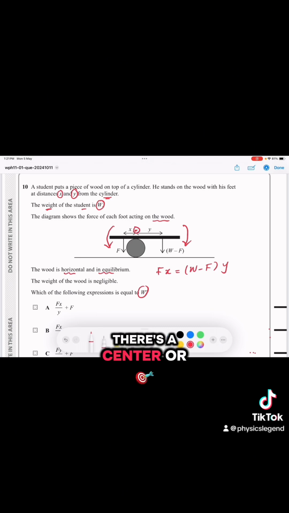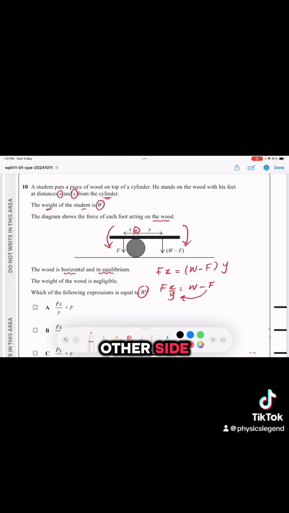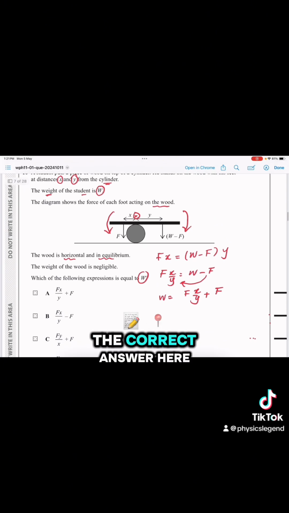Then F X divided by Y equals W minus F, and then taking the F to the other side, W equals FX over Y plus F. I think I reached the correct answer here.